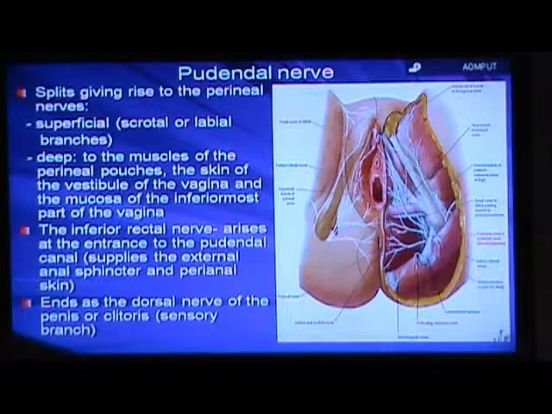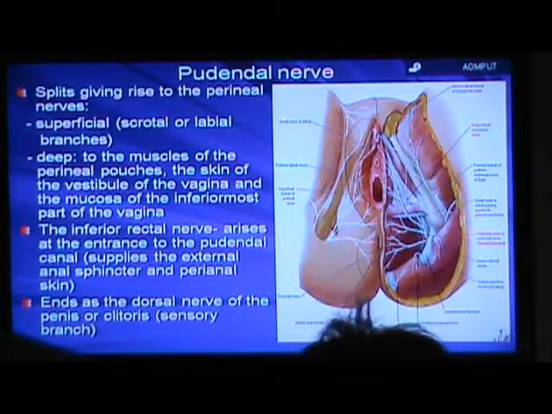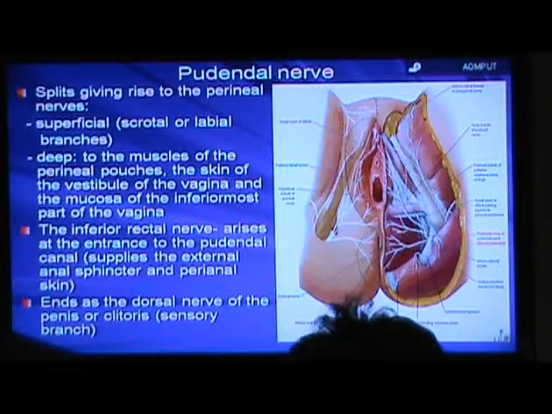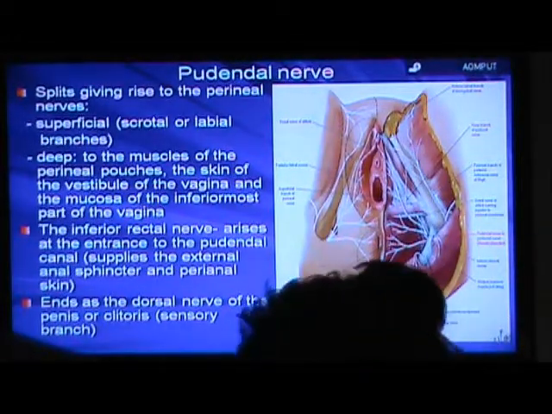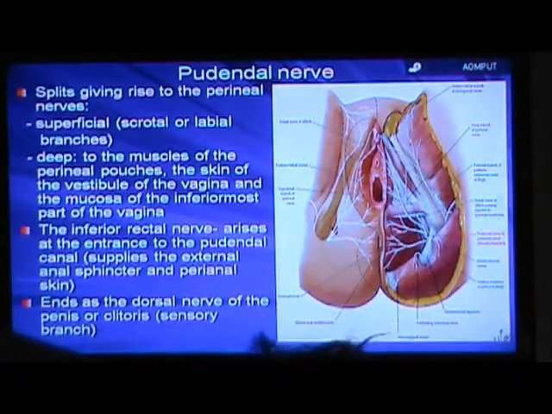Pudendal nerve. So here, this red color, it's written with the red color. The pudendal nerve leaves this pudendal canal. Next, it splits, giving rise to the perineal nerves.